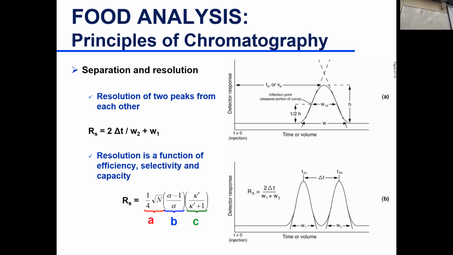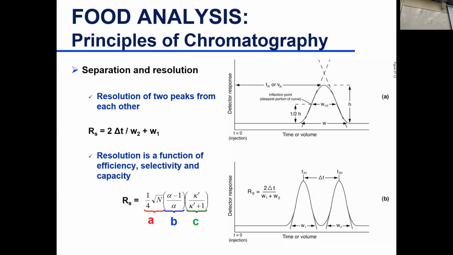So resolution is impacted by the theoretical plates. A is the efficiency of the column. B is the selectivity of the column. That's the second factor.